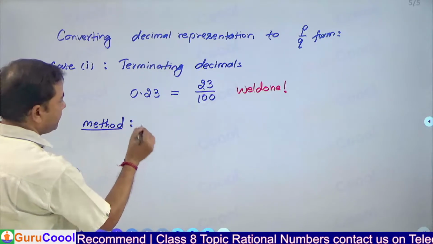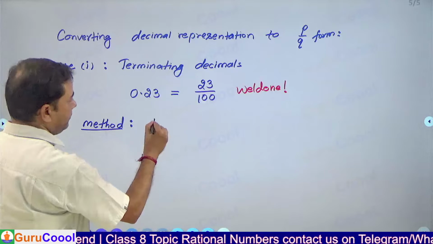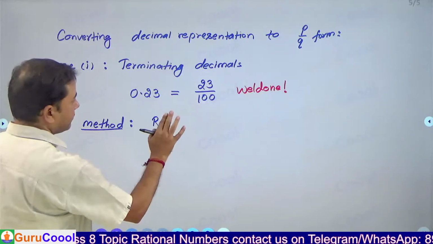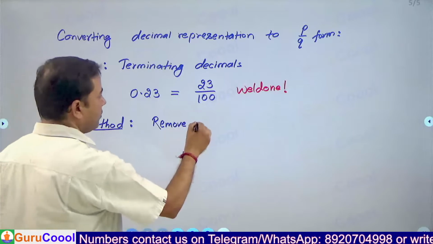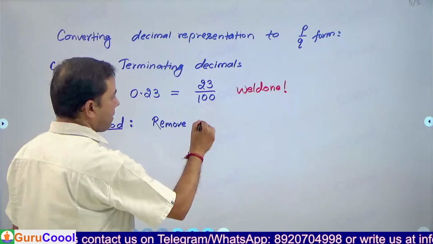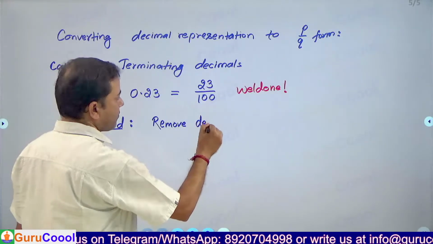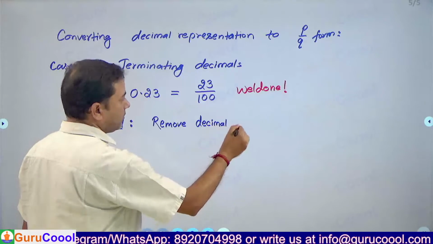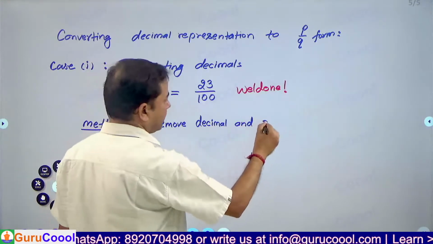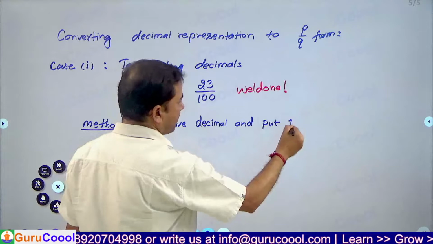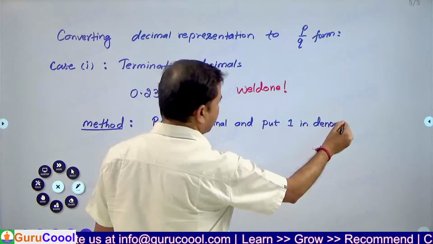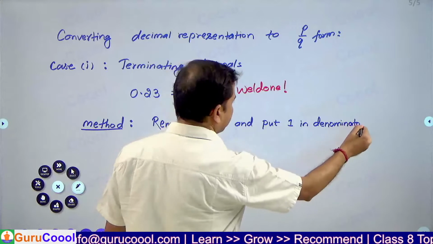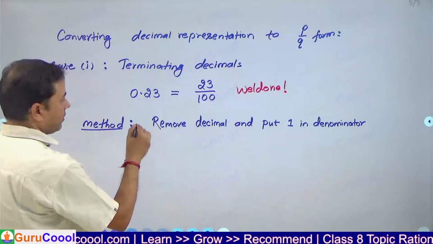Method. Remove decimal and put 1 in the denominator. This was the first step.